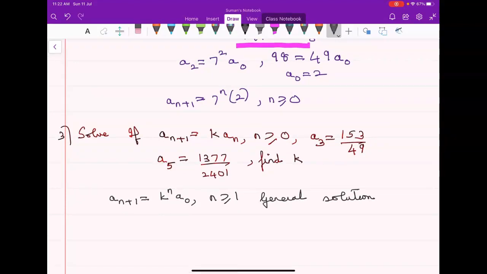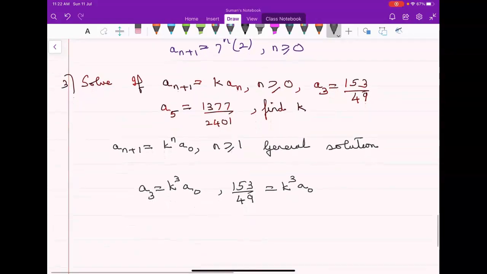Now if I put n as 3, I get a_3 = k cubed times a_0. Why am I doing that? Because I am given a_3, and a_3 is 153 by 49, equal to k cubed times a_0. Again you are given a_5, so by our formula a_5 is k^5 times a_0.